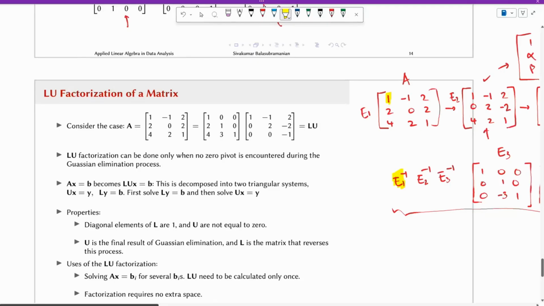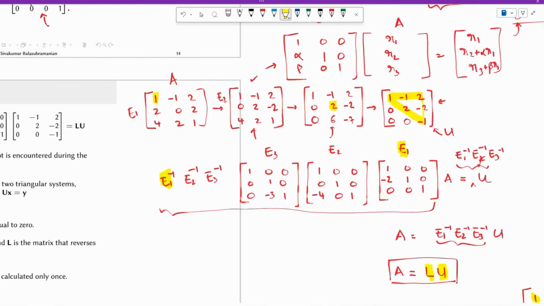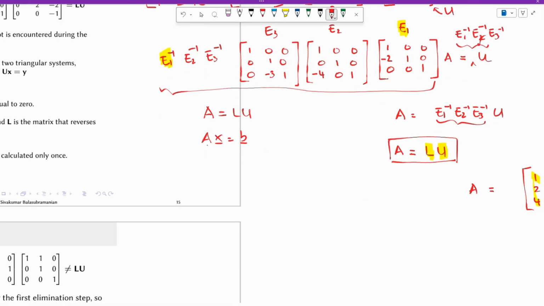The way you do that is this. If you have A equals LU and you're trying to solve Ax equals b, we know A is LU, so let's replace it like this. Now it looks like you have to move L to this side, take the inverse, and then you will get Ux equal to L inverse b.